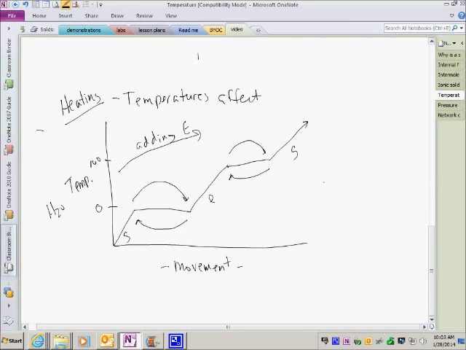As we come back down, energy is being released. So something going from a gas to a liquid is slowing down, has to ditch off some energy. Energy is being given away.